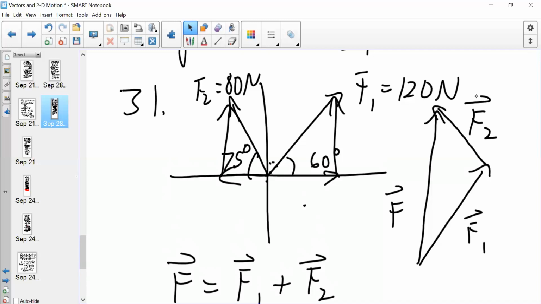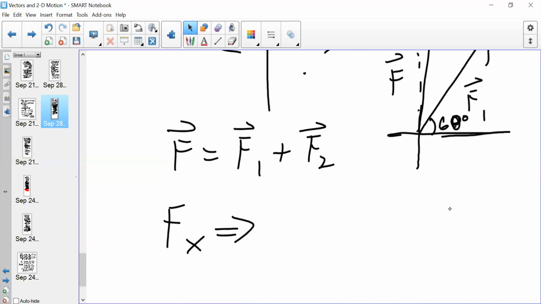There's a couple of ways to approach it. You're going to get the same result with either approach. Because this here will be 75, and this frame of reference here will be 60. That's a little messy, as you can see, but I just took it as is.